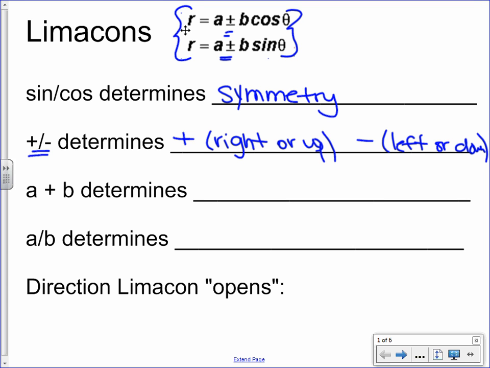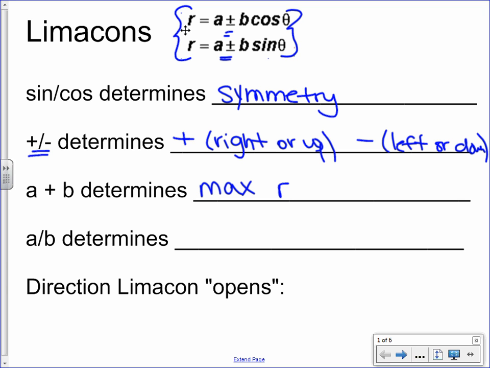What is something that we look at every single graph? What's the second thing I tell you to determine on a graph in that little list that I give you on your worksheets? Okay, so when you're telling me that it affects the size, it does, because whatever a plus b is, that is giving us our max r value. Okay, that's the furthest it extends from the pole, in whatever direction we have up here.